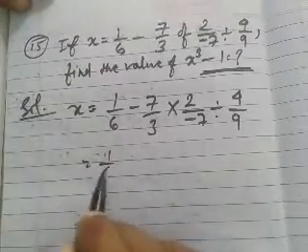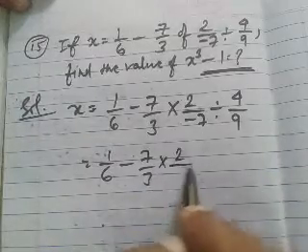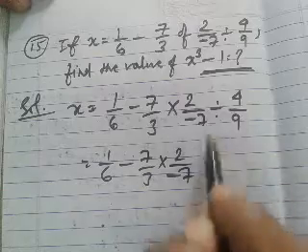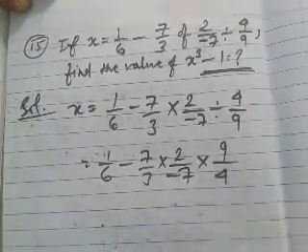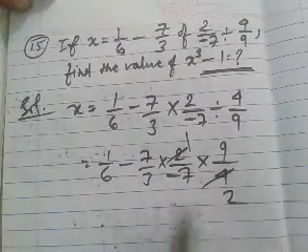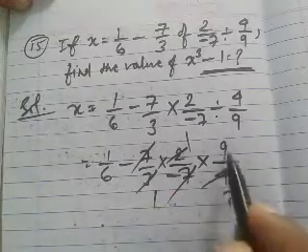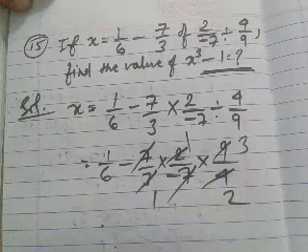First of all, 1 upon 6, according to the BODMAS rule, 7 upon 3 multiplied by 2 upon minus 7. This is addition, the division sign is changed to multiplication, and it is 9 upon 4. Now cancel: 2 ones are 2, 2 twos are 4, 7 cancels with 7, and 3 ones are 3, 3 threes are this value.